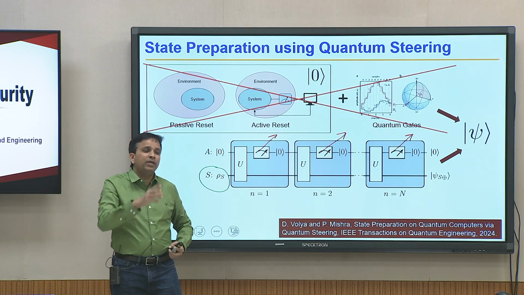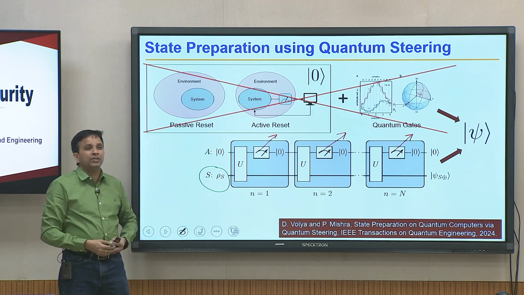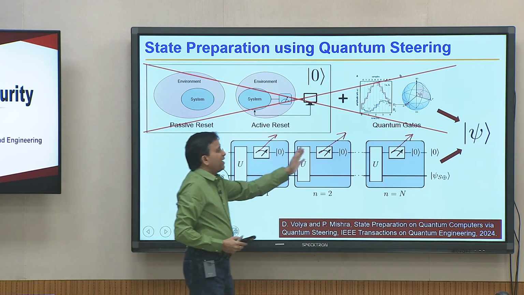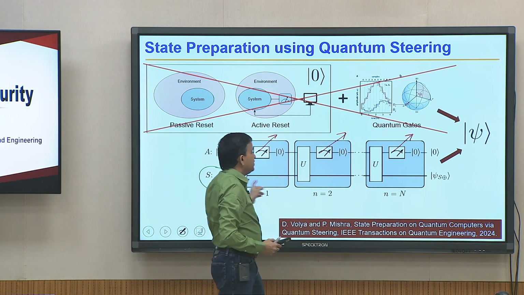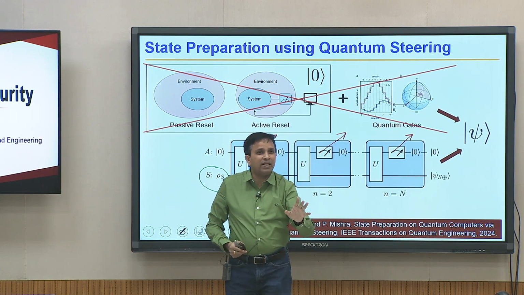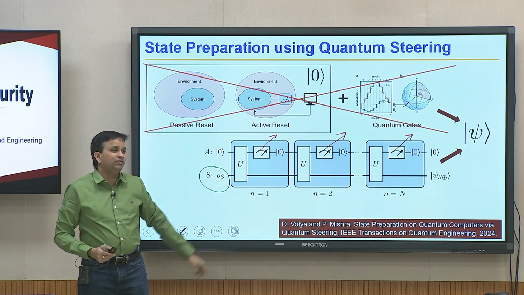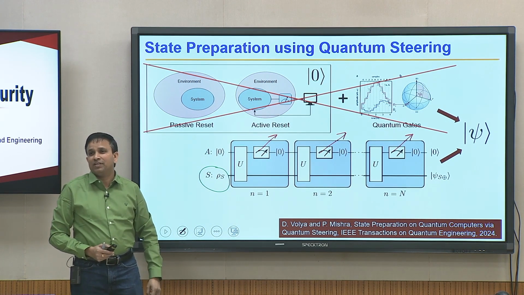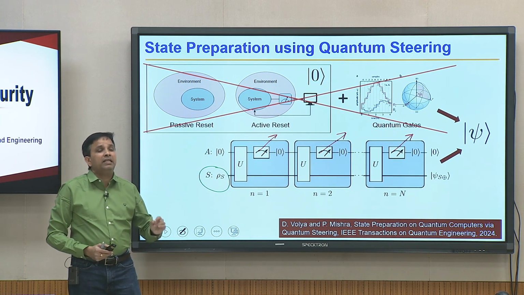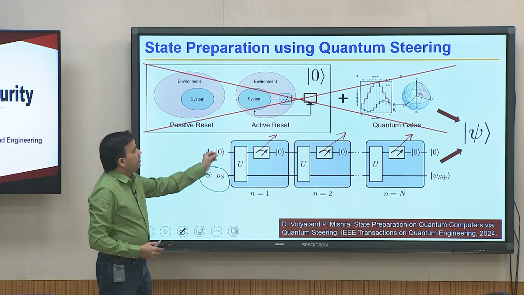We are the first to show this will actually work on a physical quantum computer, that the simple act of harassment will drive this qubit to the target state. You know the magic, there is no classical analogy. I did not even tell anybody which state I want to go to, but it will go to the state. We call it arbitrary state initialization using quantum steering.